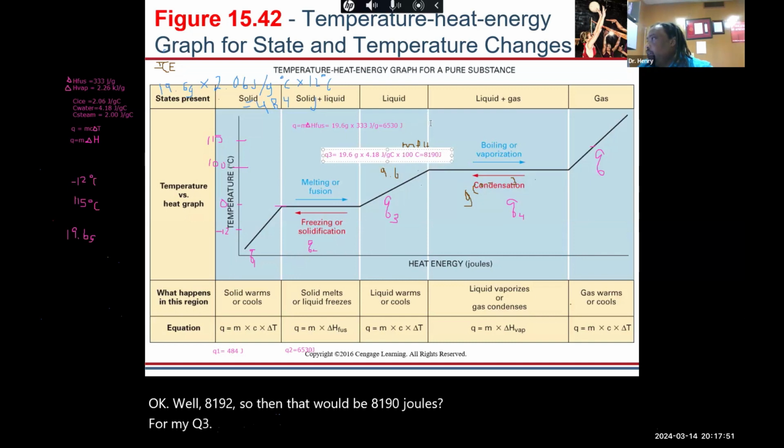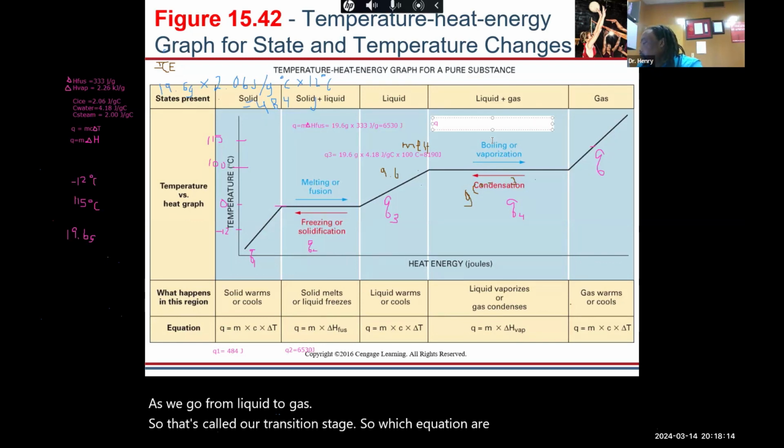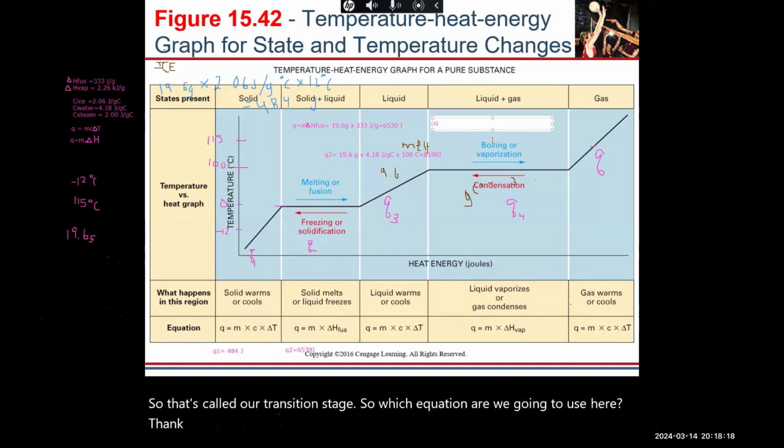Okay, so then my Q4, which is what's happening at this stage right here, as we go from liquid to gas. So that's called our transition stage. So which equation are we going to use here? The Q equals M times the delta H vap. That's right.